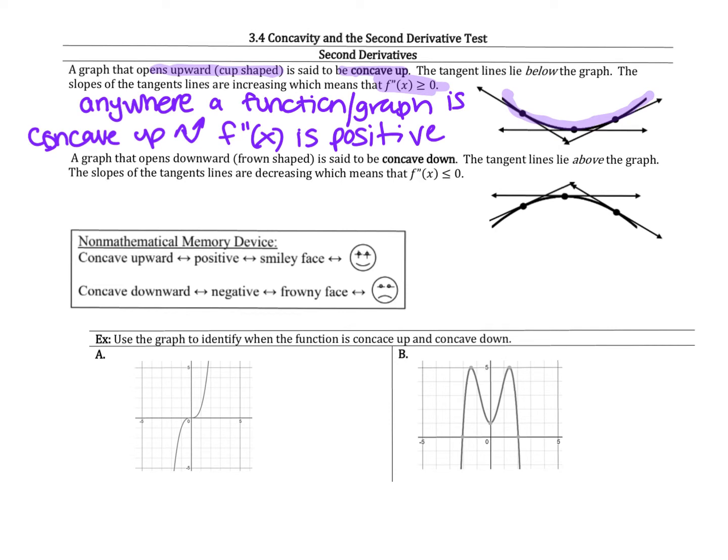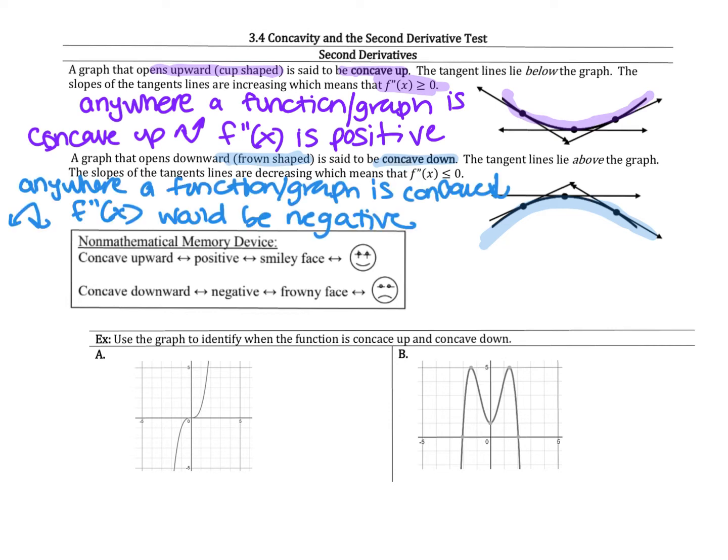Now, similarly, if we start talking about the opposite of that, concave down, meaning it sort of is hill-shaped or frown-shaped, it looks like an upside-down U, we would say that that is concave downward. So similarly to what we just said, anywhere the graph of a function is concave downward, the second derivative would be negative on that interval.